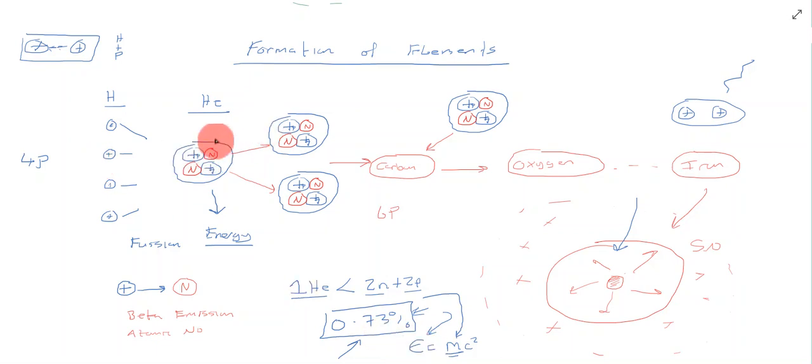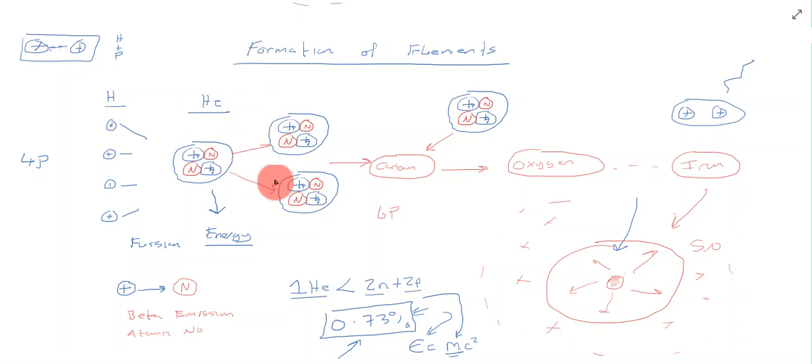And that's the process that results in the formation of all the elements, all the way up to iron, which is this nuclear fusion that happens in the core of stars. It's also the process that generates the light that we can see, the energy that gives us light all around us.